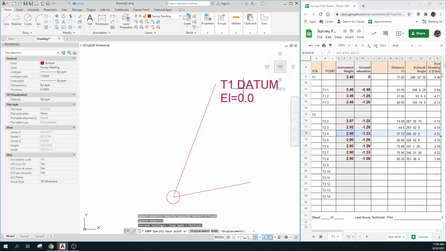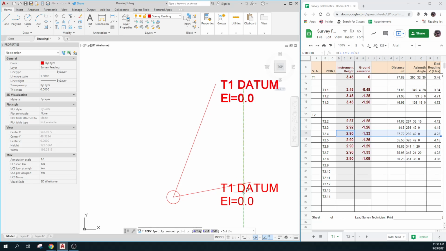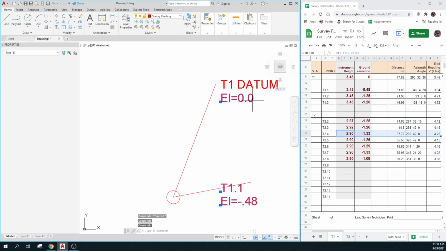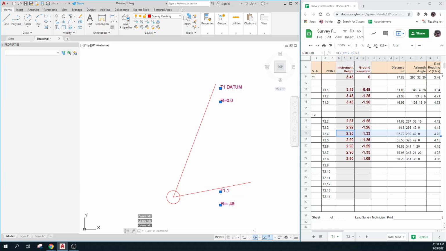And then this one is, and these are too big, but that's okay, T1.1, and its elevation is minus 0.48. And I'm going to make those all just a little bit smaller. So my size here is 5. I'll make them 2. There we go.